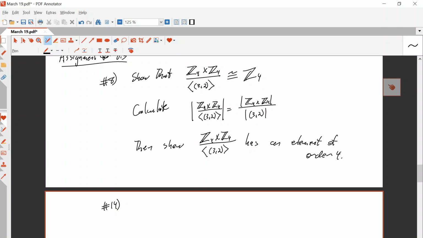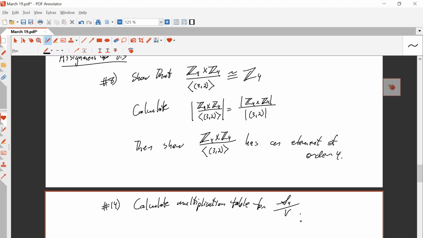Number 14, that's self-explanatory. It's just a calculation in S4. So calculate the multiplication table for S4 mod V. They give you S4, and V is a subgroup of order 4, a normal subgroup of S4.